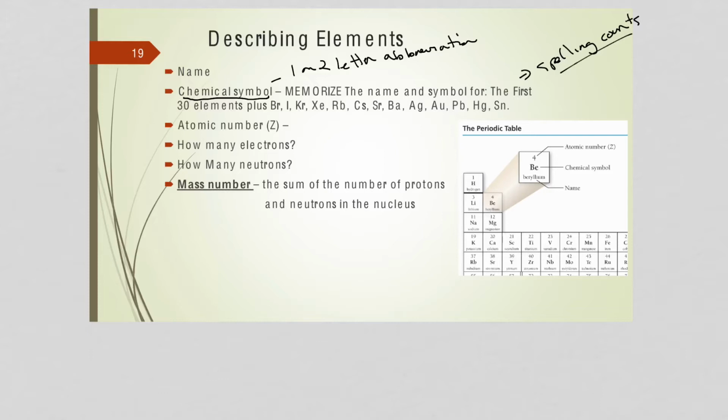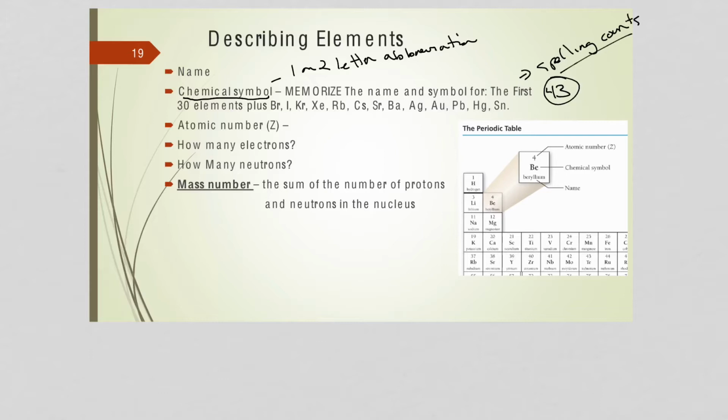We have Ag, silver, Au, gold. We have lead, Pb, mercury, Hg, and Sn is tin. So we have these 1, 2, 3, 4, 5, 6, 7, 8, 9, 10, 11, 12, 13 additional. So we have a total of 43 elements that we need to know the name and the symbol.